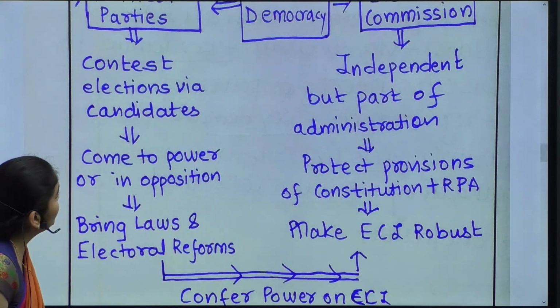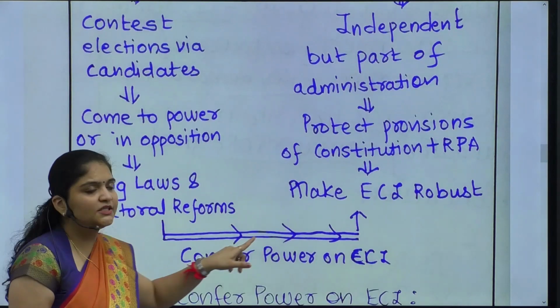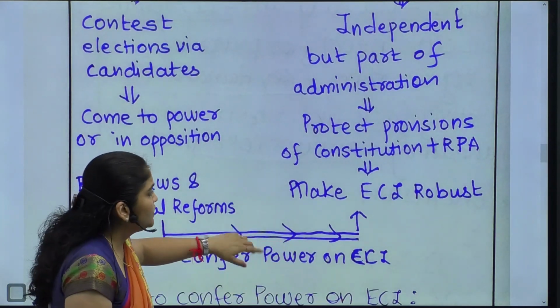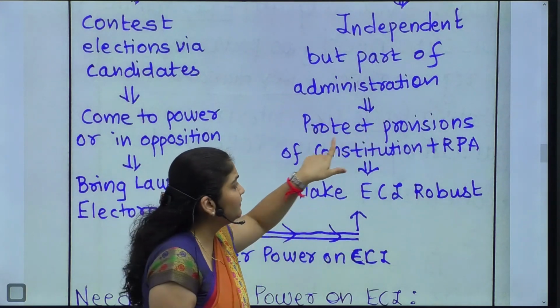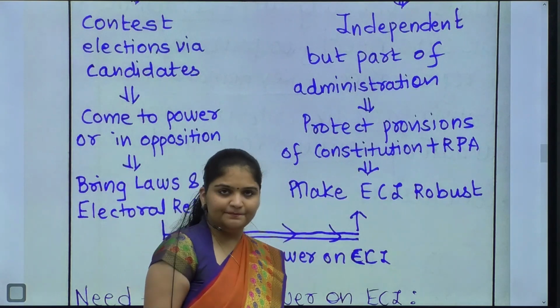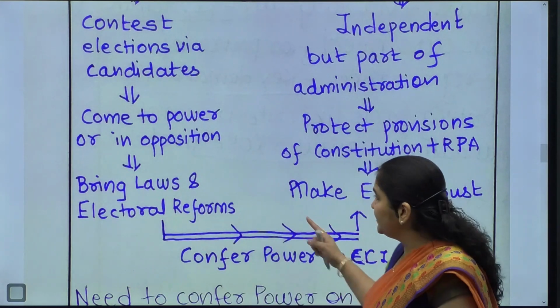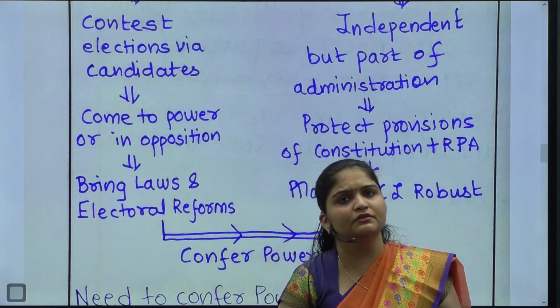It is the duty of political parties to do this. So they need to confer this power. Why? Which will make ECI robust, so that ECI can be independent, it can protect provisions of the Constitution plus RPA. Okay? So you show this entire diagram, which means you have understood the spirit of the question.